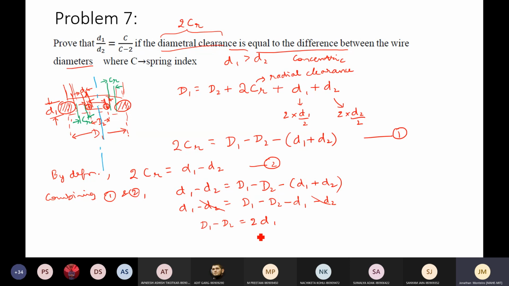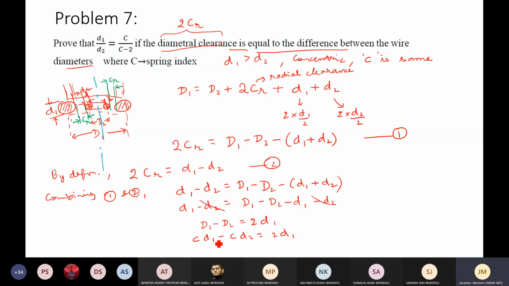Maybe I have to write one more assumption here, that the springs are concentric and the spring index C is the same. If you consider that C is the same, then we can write D1 as CD1 minus CD2 is equal to 2 times D1.